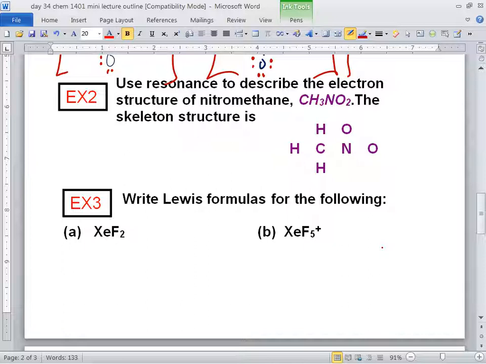How many valence electrons did you get for nitromethane? 24? I think I got 24 too. Yeah, I think I got 24 valence electrons too.